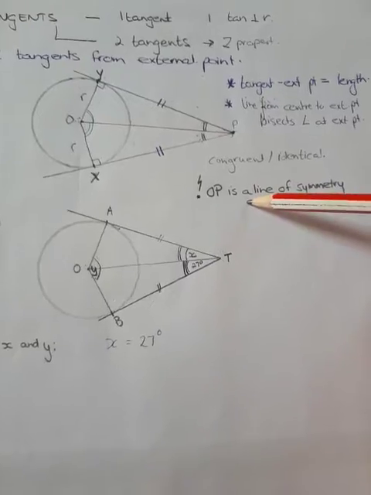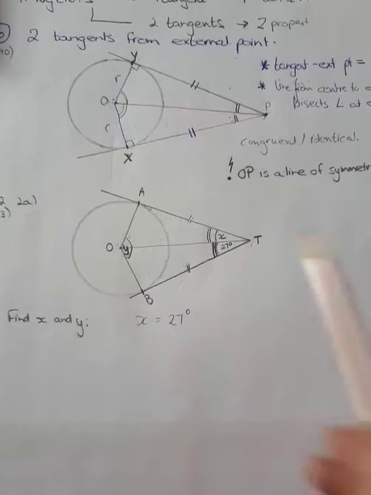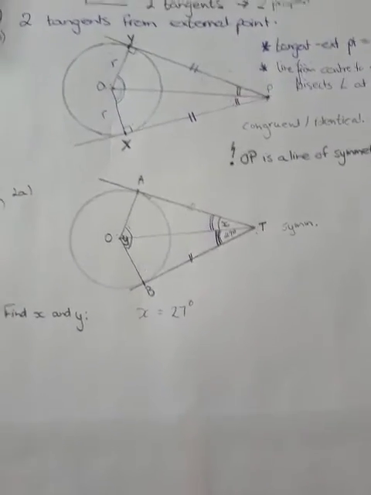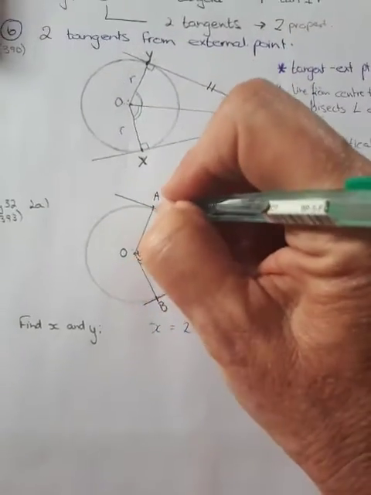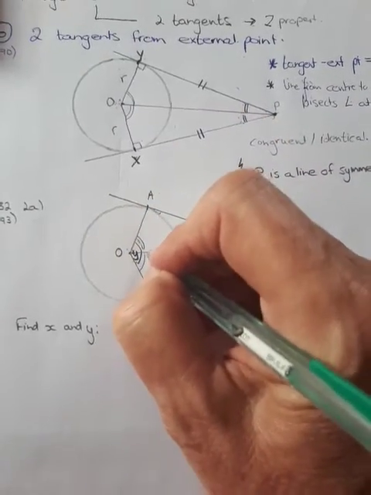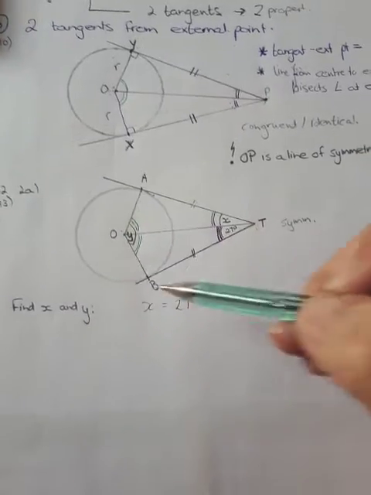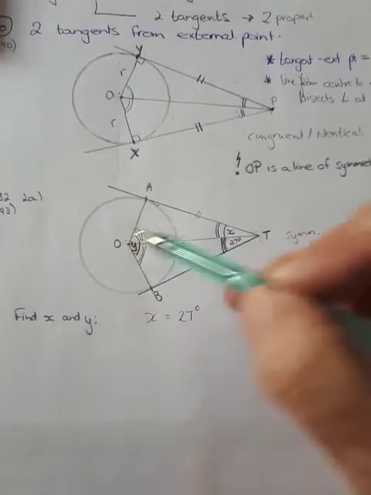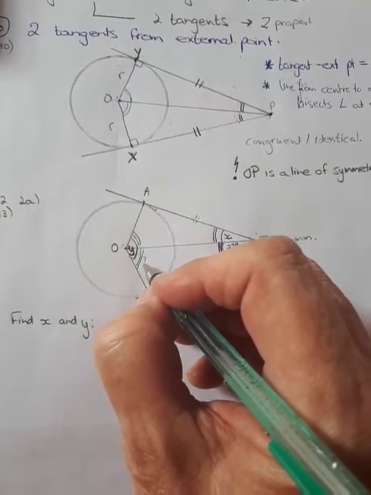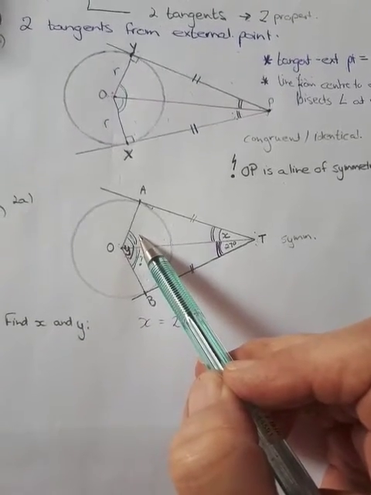But I also told you that OT is the line of symmetry, which therefore divides angle Y into two equal angles. So angle AOT and angle BOT are of the same size. Meaning if we can get this one, then we can just multiply by 2 to get Y.